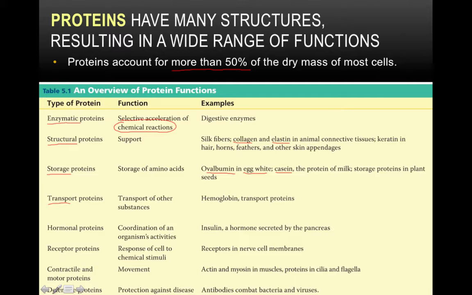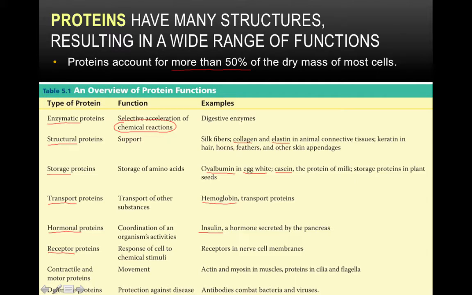Other proteins transport substances, gases around the body, or molecules across a cell membrane into and out of a cell. Some hormones are proteins, which are important for coordinating activities in an organism. Insulin is an example of a hormone that is a protein. Other proteins are receptors.